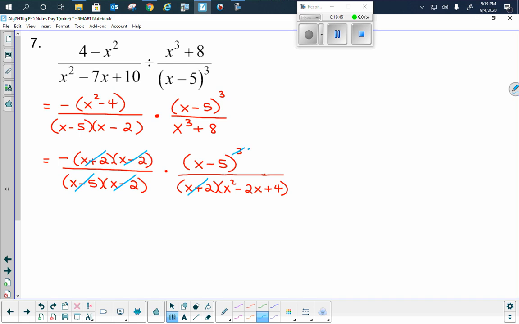So I'm just changing that exponent to 2. And now I'm ready to multiply straight across, it looks like. Okay. Again, leave the negative in front of the x minus 5 quantity squared. And the bottom has, I guess, just the x squared minus 2x plus 4 left, comma, domain.